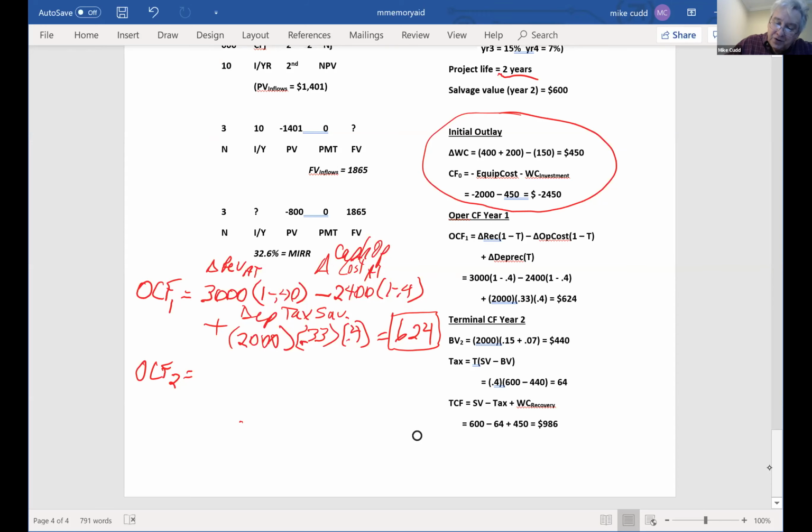The operating cash flow for year two looks the same, except the depreciation percentage is different. We still have that after-tax sales revenue. We still have the cash operating costs after tax.